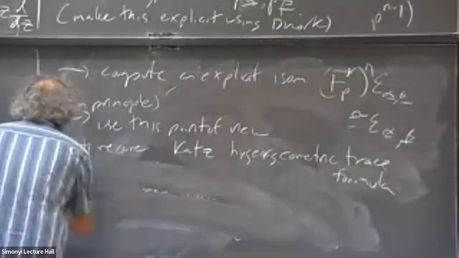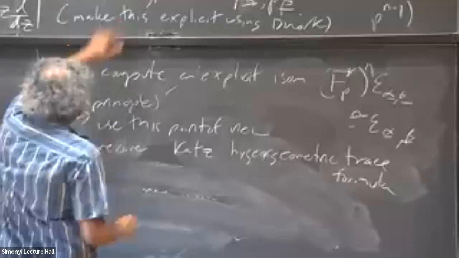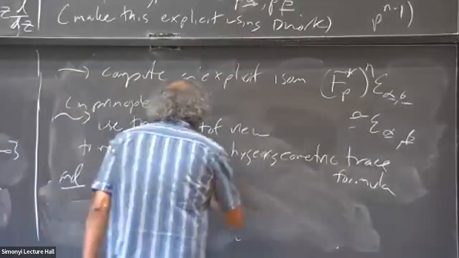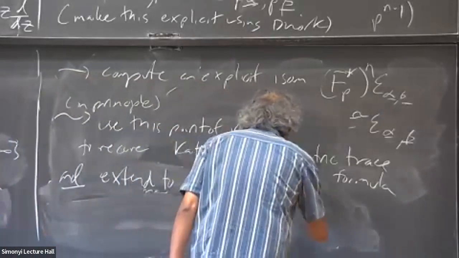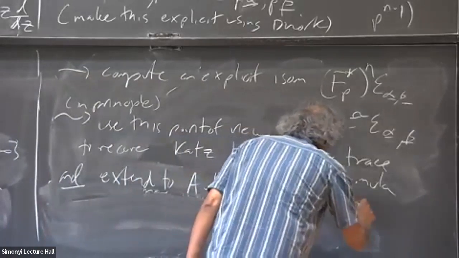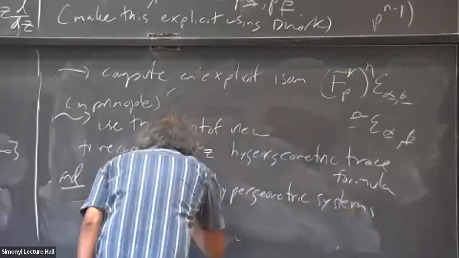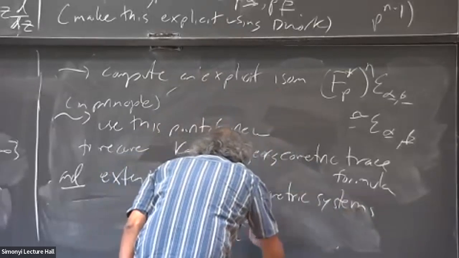And better yet, because this thing that Dwork did is more general, it actually works in what are nowadays called hypergeometric systems. This terminology didn't quite exist when Dwork's book was written, because it was written sort of in parallel with the book of Gelfand, Kapranov, Zelevinsky.